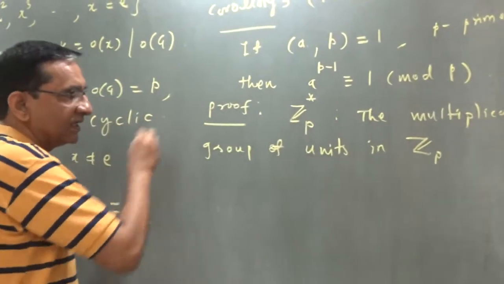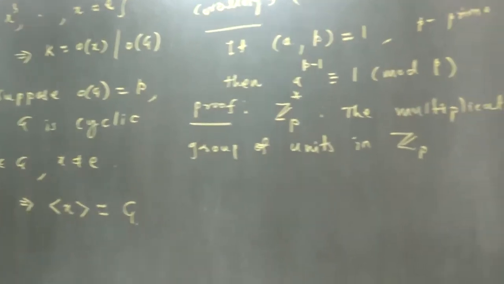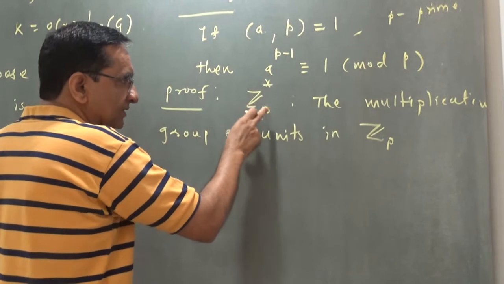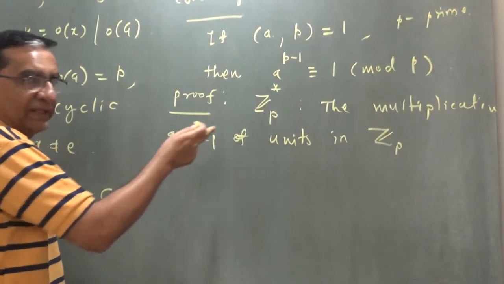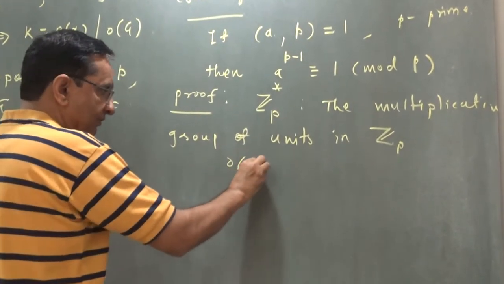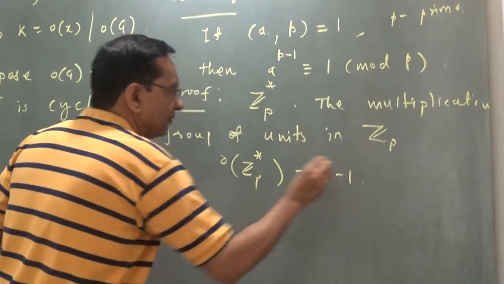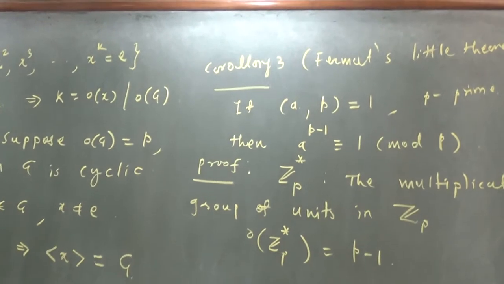So consider this group. What is the order of this group? The order of Zp star is P minus 1. So this is a group of order P minus 1.